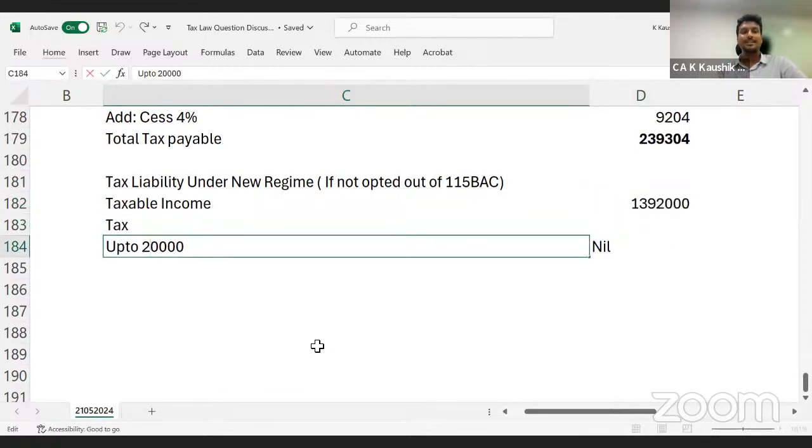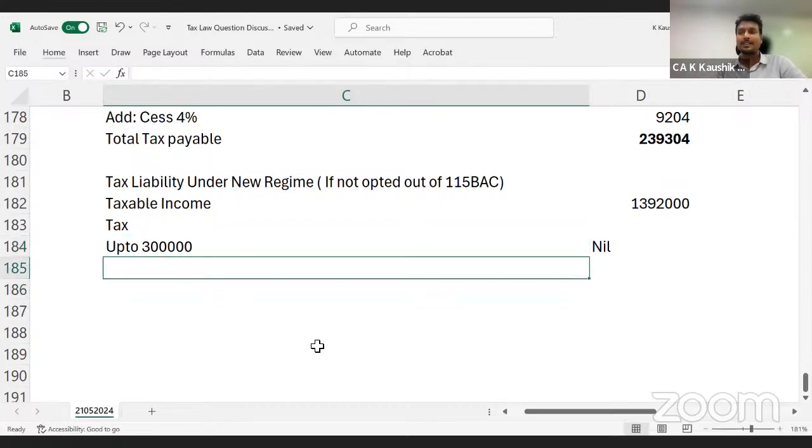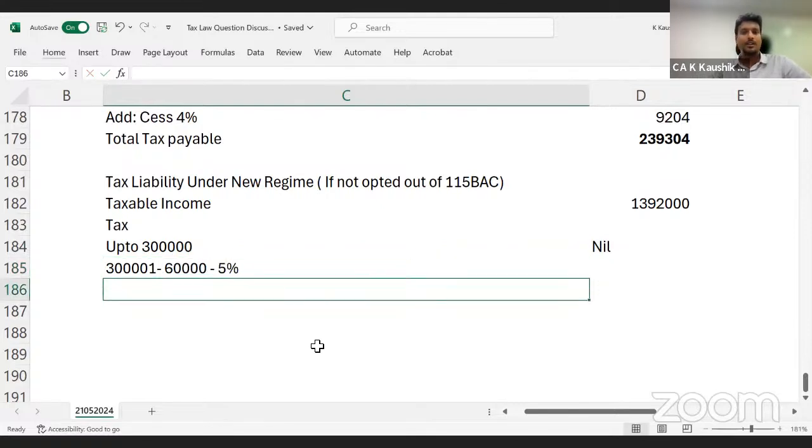Up to 3 lakhs it is nil. Then 3 lakh 1 till 6 lakhs, 5%. How much is 3 lakhs into 5%?